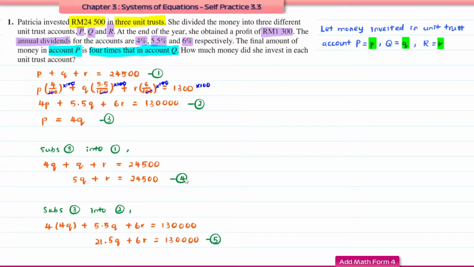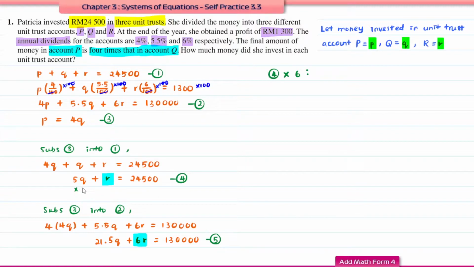Now let us look at equations 4 and 5. We can solve them like simultaneous linear equations. Here I'm going to eliminate r. To eliminate r, I'm going to multiply equation 4 by 6.